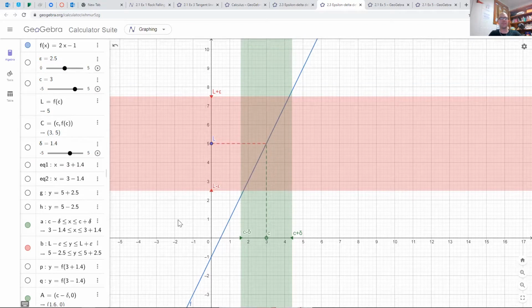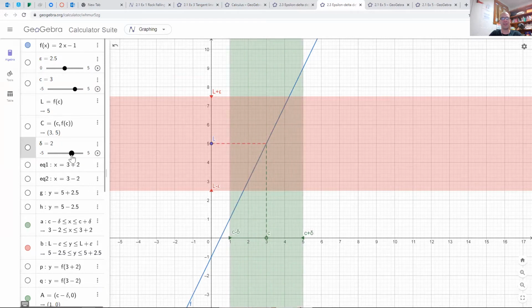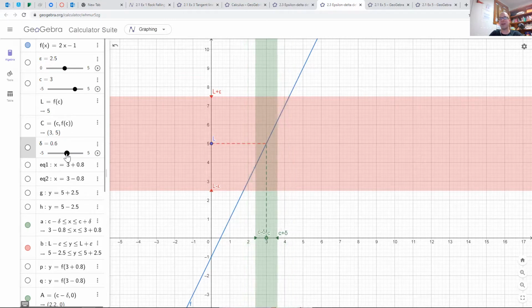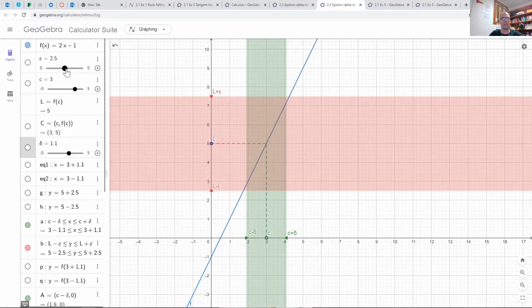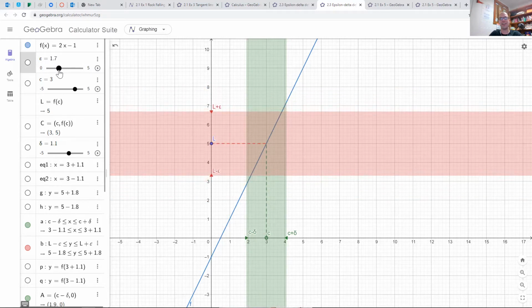But okay, I'm having second thoughts because we're introducing new letters like delta and epsilon, and I haven't even shown you that formulation. But the idea here is that we have delta. Delta is going to be some positive number that gives us a bound on x values, and epsilon is going to be some bound on y values.